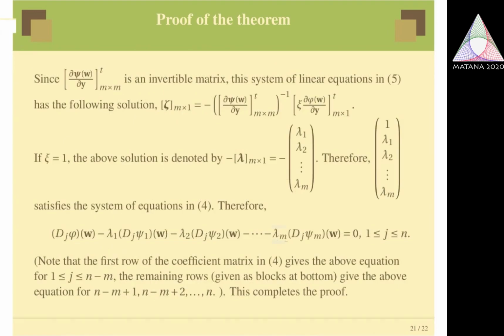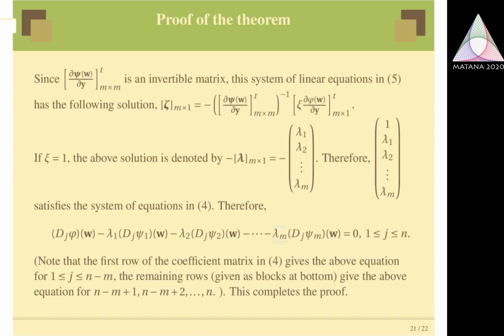The system of linear equations given in 5 can be solved by simple manipulations. We expand the system as (∂φ/∂y at w) transpose into ψ plus (∂ψ/∂y at w) transpose into ζ, which is equal to 0. Using that (∂ψ/∂y at w) transpose is invertible, ζ can be obtained as minus ((∂ψ/∂y at w) transpose) inverse into ψ times (∂φ/∂y at w) transpose.